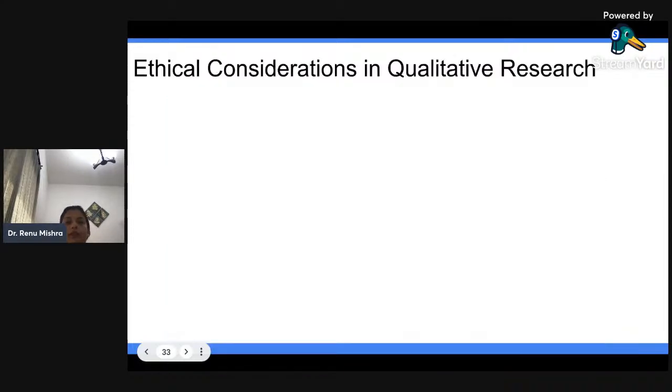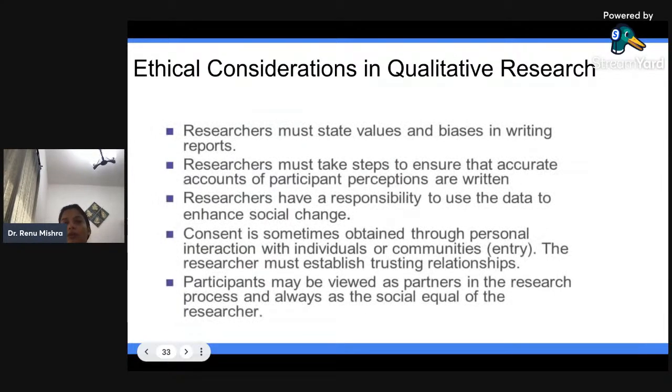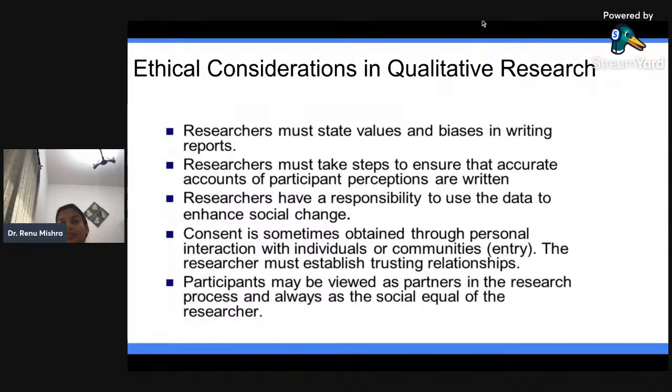Now, some ethical considerations when we talk about qualitative research. I think ethics these days are getting diluted a lot of times. For example, people don't pay attention to plagiarism or the confidentiality of the respondents. If you are conducting research on any respondents, and they do not want to reveal their identity, please make sure that your research does not reveal their identity.